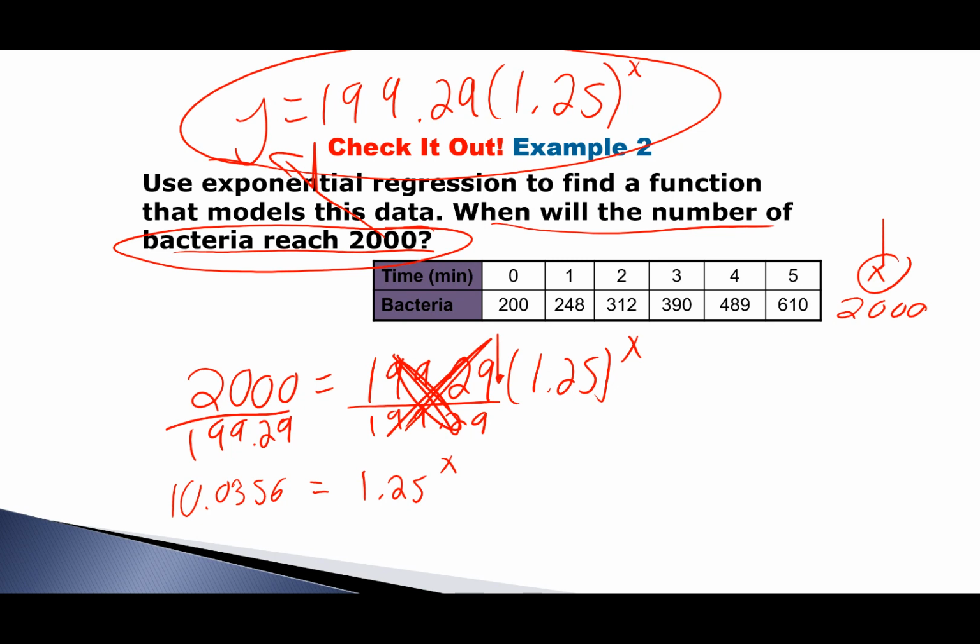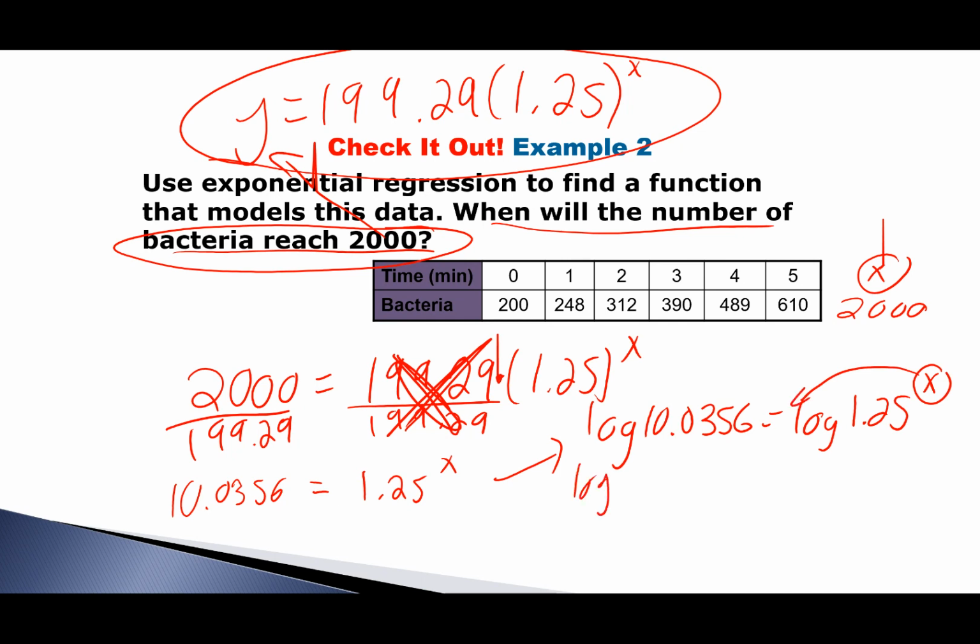Because our variable is in the exponent, we have to put log on both sides, just like the last problem. So if I put log on both sides, this becomes log of 10.0356 equal to log of 1.25 to the x power. Just like the last problem, I'm going to take my x and move it to the front. So then we have the log of 10.0356 equal to x times the log of 1.25.